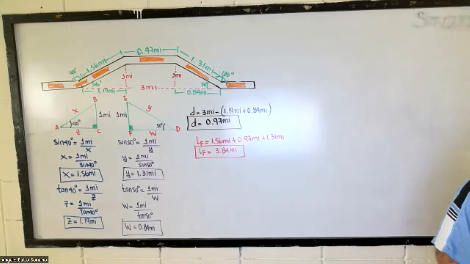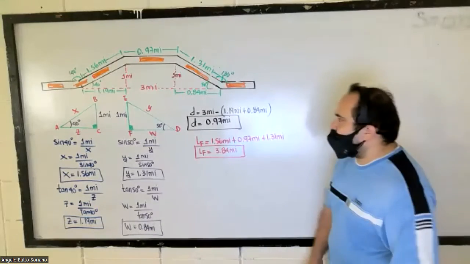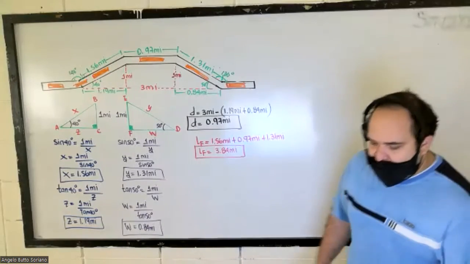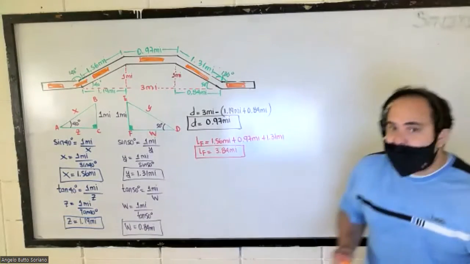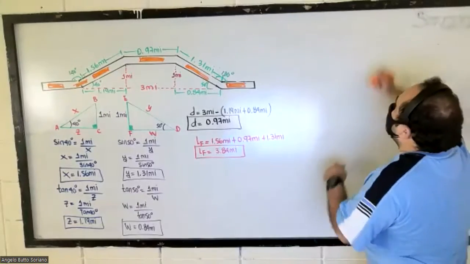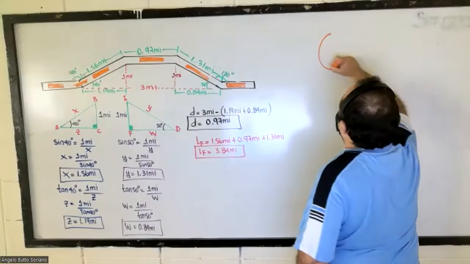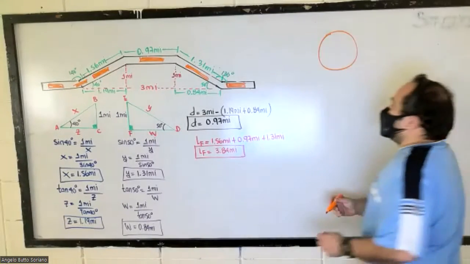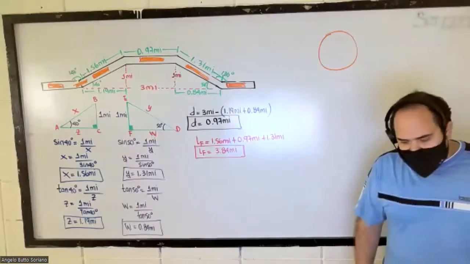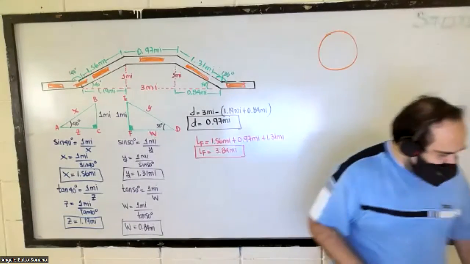For example, if we have one singular circle, I don't have the protractor within reach of my hand, so I'm going to draw the circle over here. Please, my apologies because I don't have the protractor within reach.